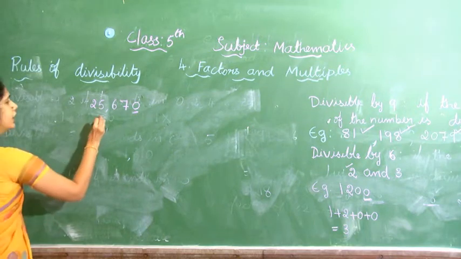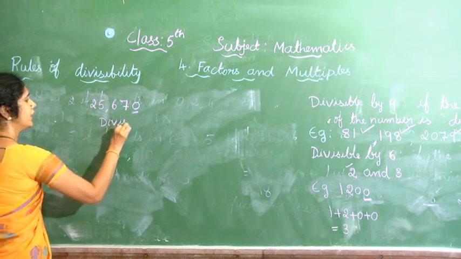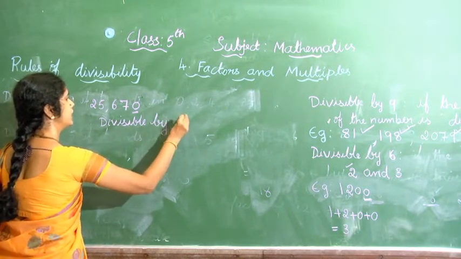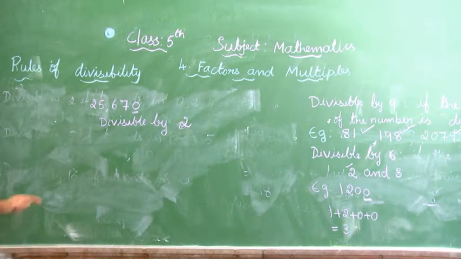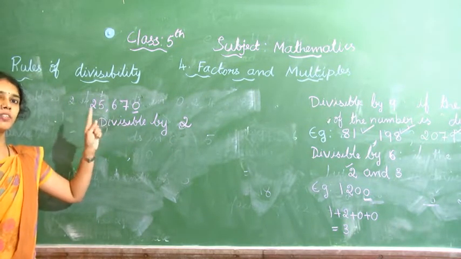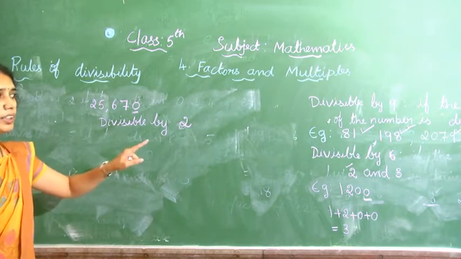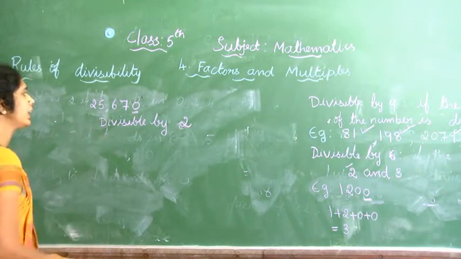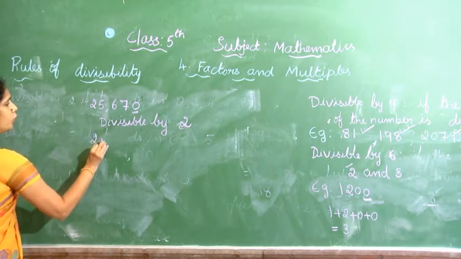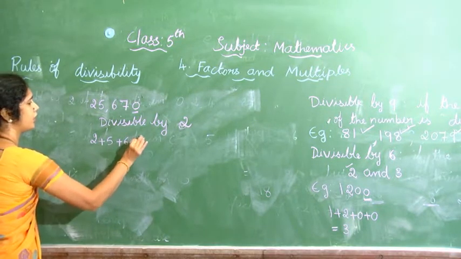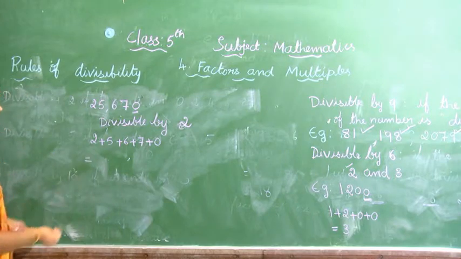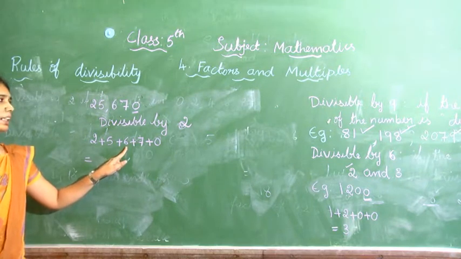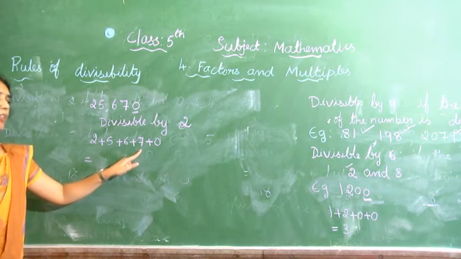So this is divisible by 2. Next, I have to check whether it is divisible by 3 or not. A number is divisible by 6 when it is divisible by 2 and 3. For that, I will add all the digits. 2 plus 5 plus 6 plus 7 plus 0. So what will I get? 2 plus 5 is 7. 7 plus 6 is 13. 13 plus 7 is 20.